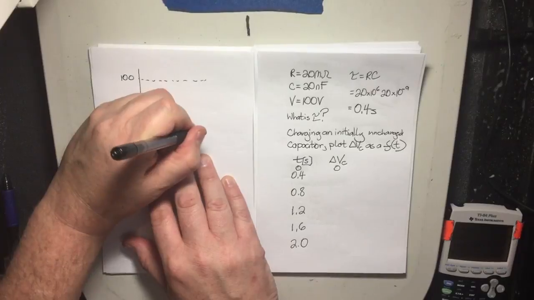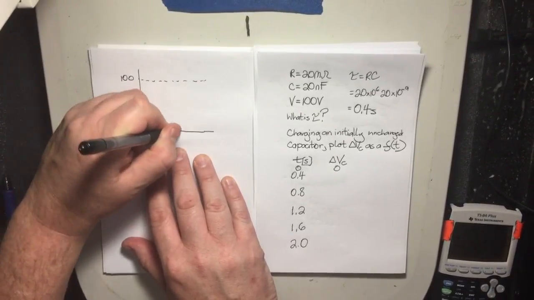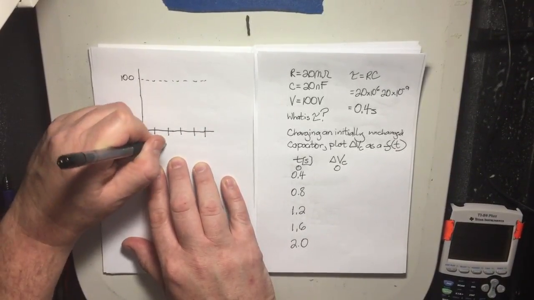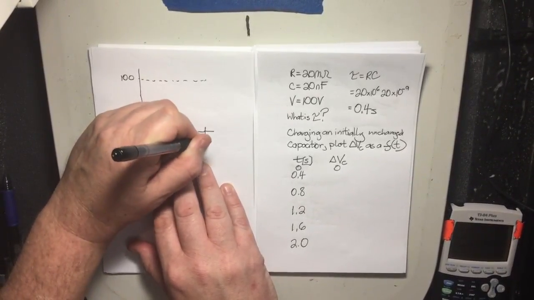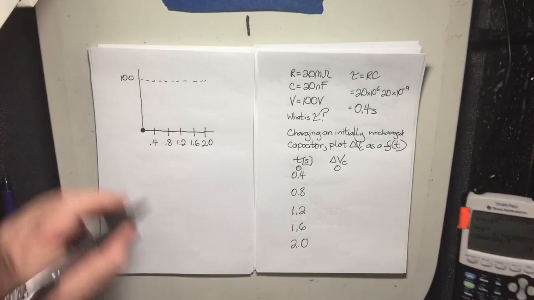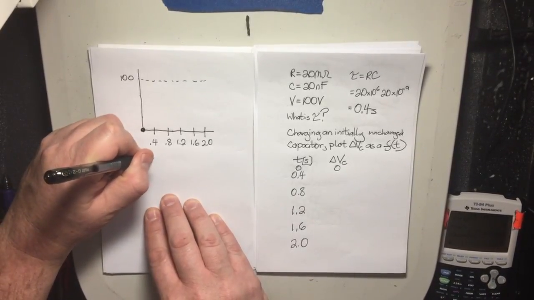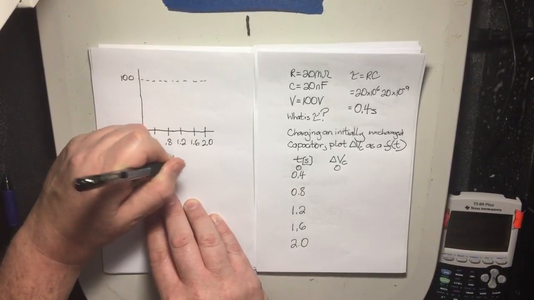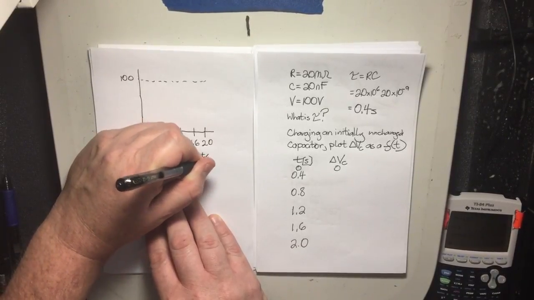So plotting this charging equation, delta VC will be 100 times 1 minus e to the negative t over 0.4.